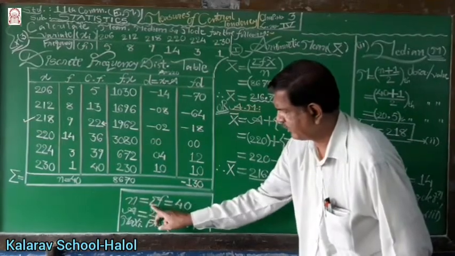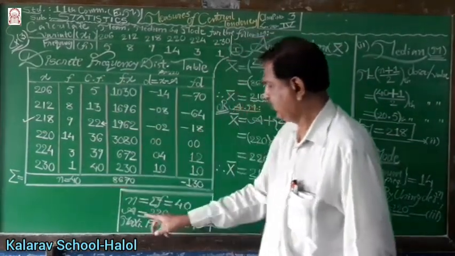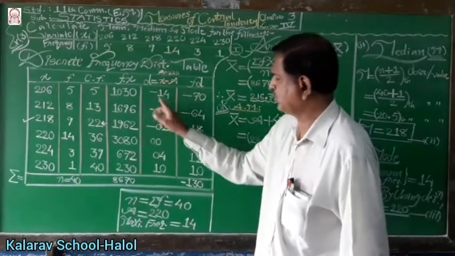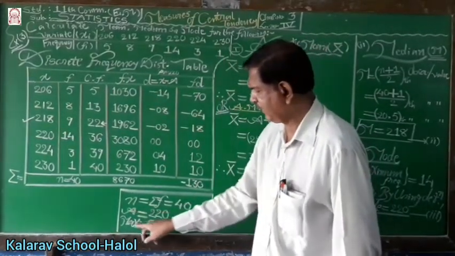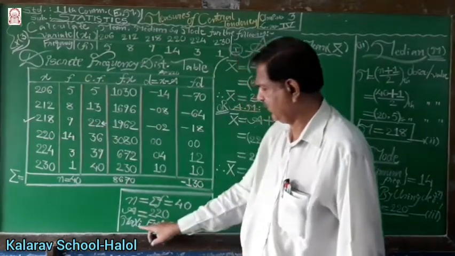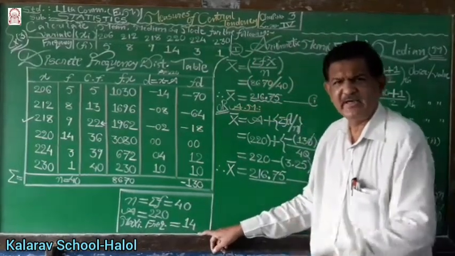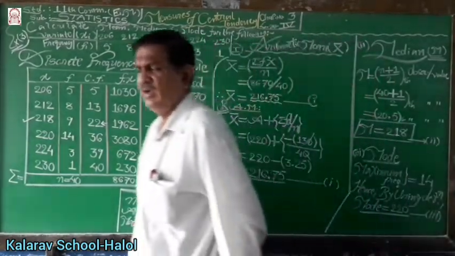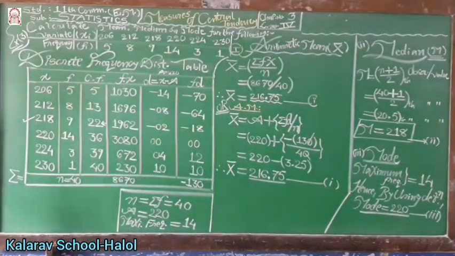N means frequency total, 40. A means the assumed value 220 we have taken; you may select any value. The maximum frequency is 14. This is the necessary data.